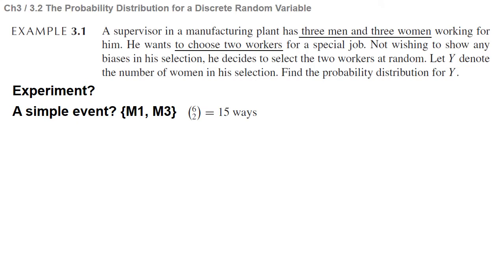A simple event is randomly choosing 2 workers among 6. So for example, male 1 and male 3, if you choose this way, that's one of the events. And how many events do we have? It's 6 choose 2, so there are 15 simple events.